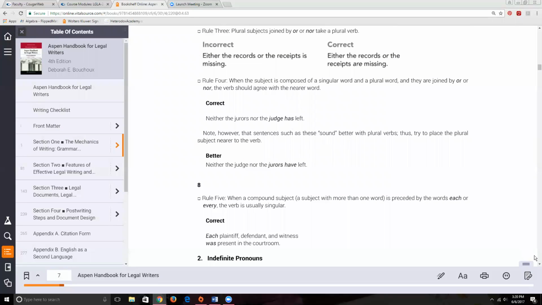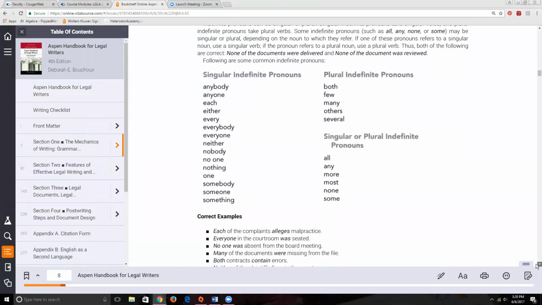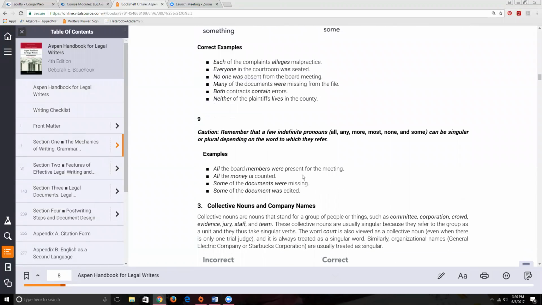It starts on page 8, and it continues on a little bit into page 9. In the green book, we'll be looking at pages 7 and 8 for our discussion about subject-verb agreement.